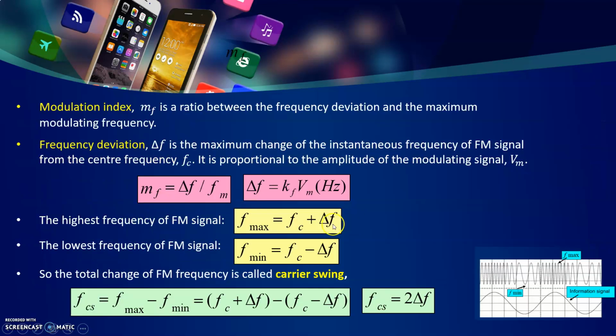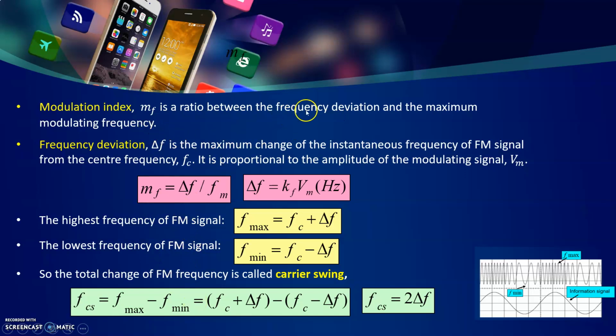Here are some calculations and equations that can be used in frequency modulation. The modulation index for an FM signal is the ratio between the frequency deviation and the maximum modulating frequency.